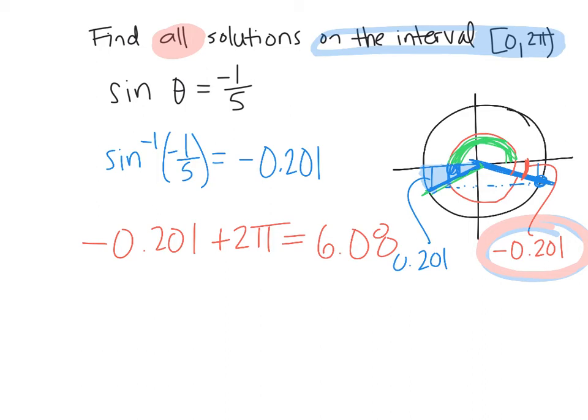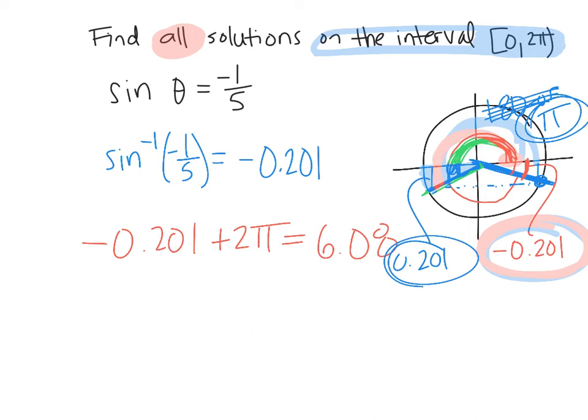So if I know that that part is 0.201, and then I also know that this part up here is, anybody? If you said pi, we're dealing in radians, then you were correct.